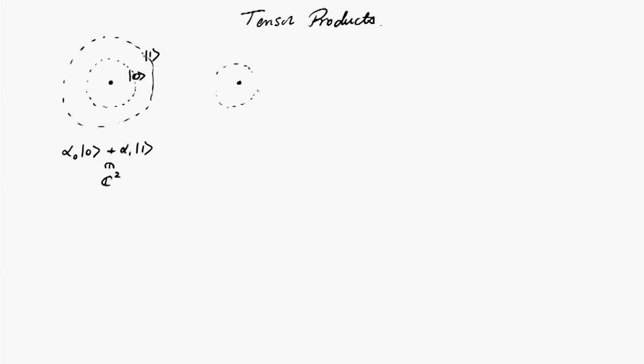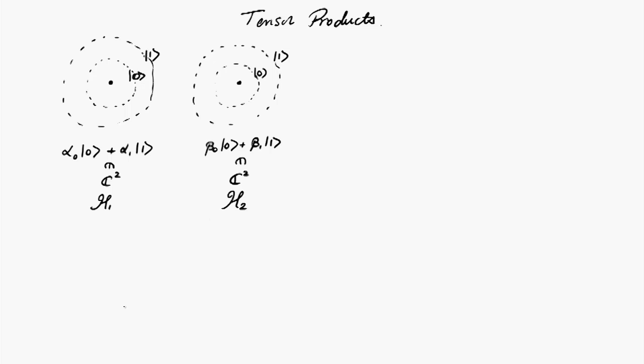And of course, its state by itself, if it was a single qubit, would be in some superposition of ground and excited state. So it would be in state beta 0 |0> plus beta 1 |1>, which is also an element of C2. So let's call this Hilbert space H1. Let's call this Hilbert space H2. So these are two qubits.